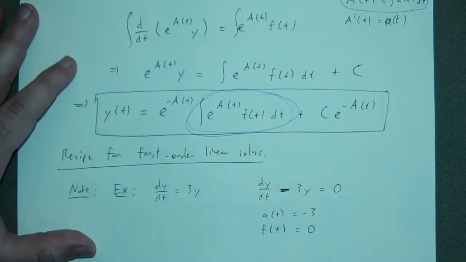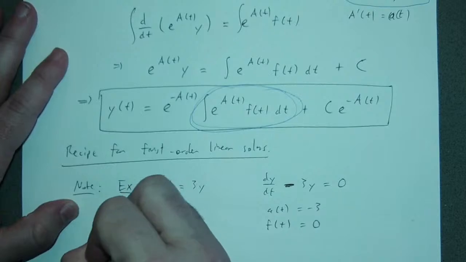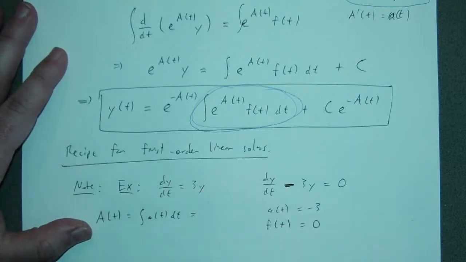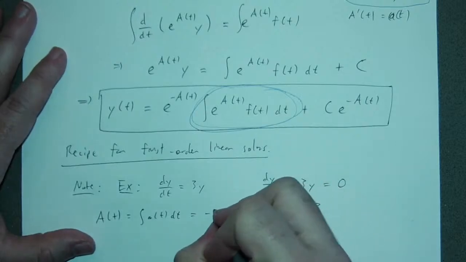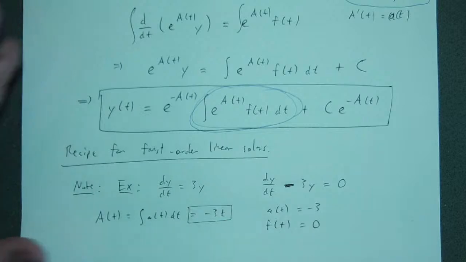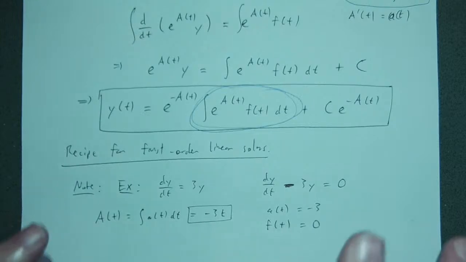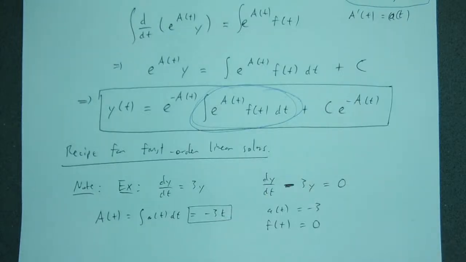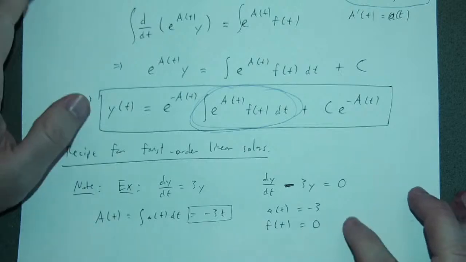Well, if little a of t is equal to minus 3, then big A of t, which is the integral of a of t dt, is minus 3t. You might say, wait, this is the integral of minus 3, so this should be minus 3t plus c. That plus c is taken care of by the other integration constant, so you don't have to worry about it here. You can just write this as minus 3t.